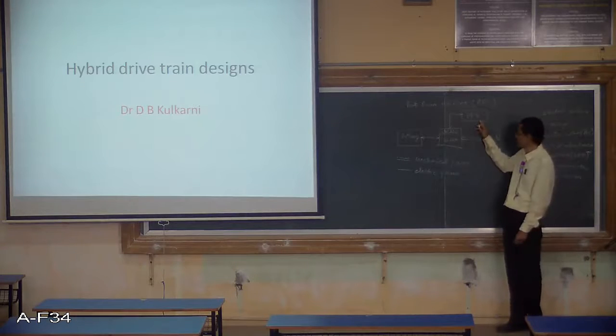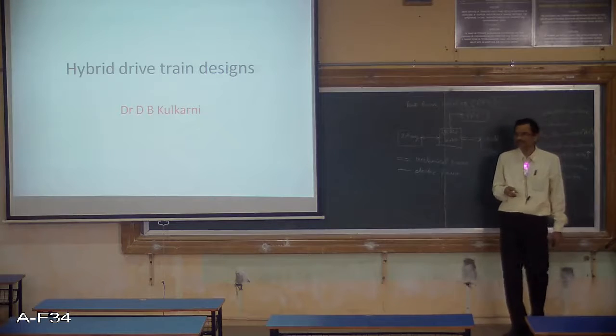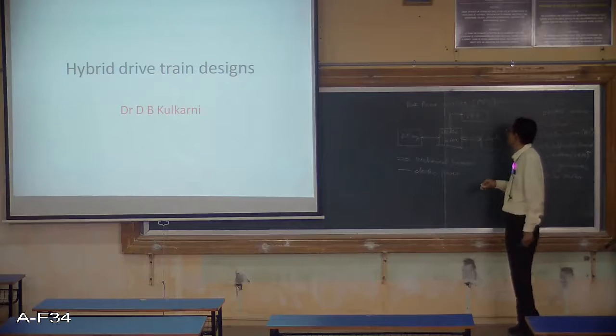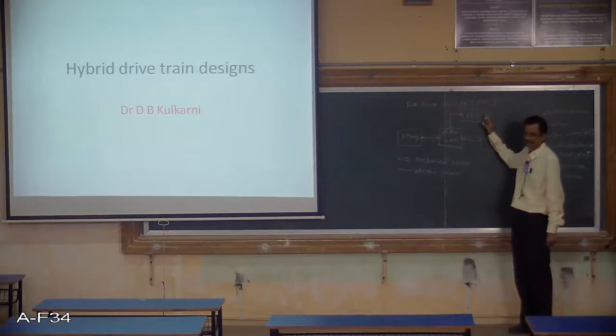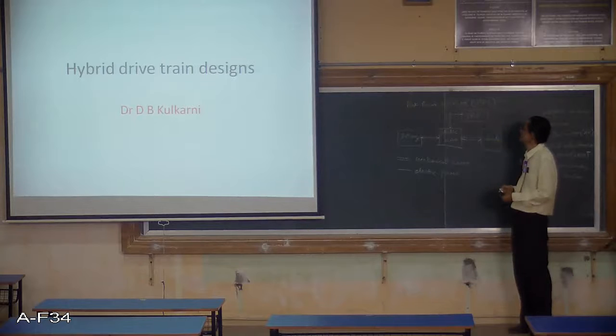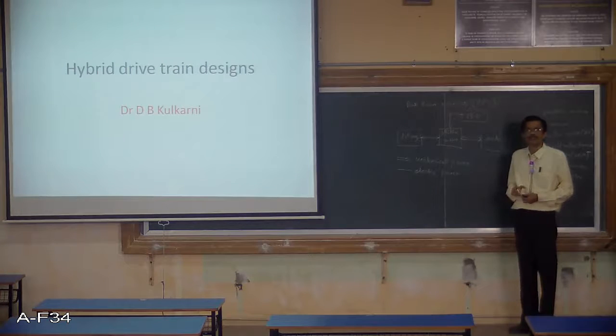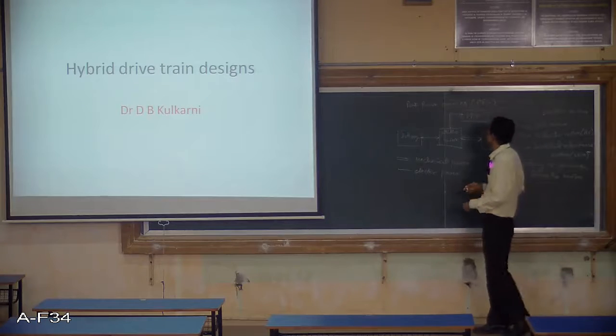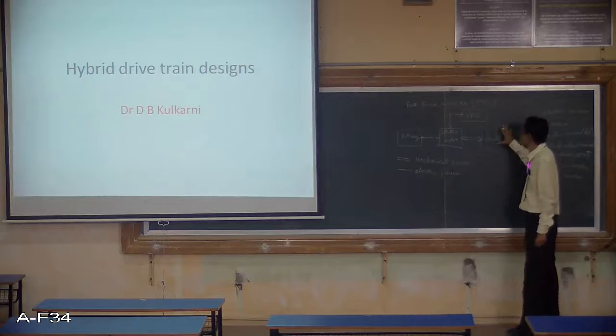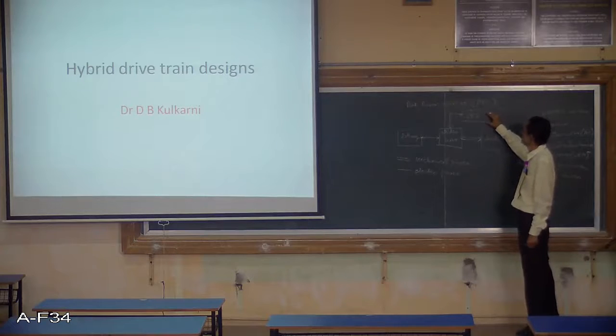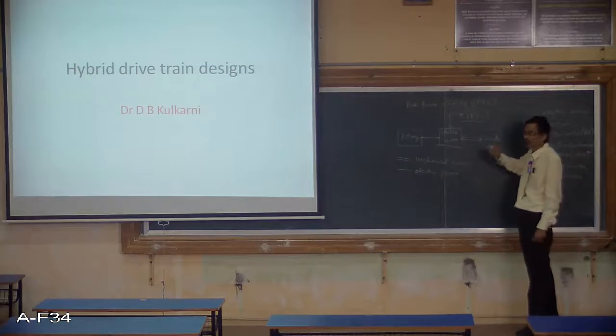This could be a battery again, or any other device such as an ultra capacitor, or it could be a mechanical flywheel. That can be the position of the PPS. So this is how the peak power sources are connected in connection with the electric motor.